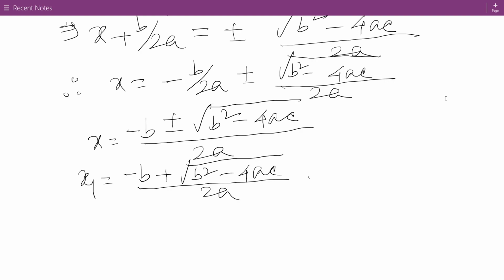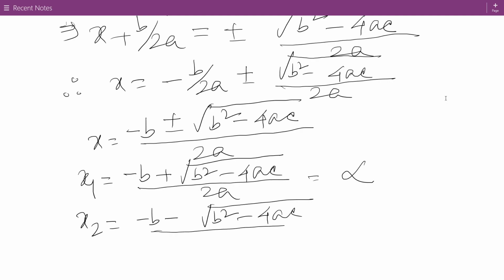This is alpha, one of the roots of this equation, and another root is x2, minus b minus root over of b square minus 4ac by 2a, equals to beta. The two solutions of this equation, alpha and beta, and this expression is called Sridhar Acharya's formula.